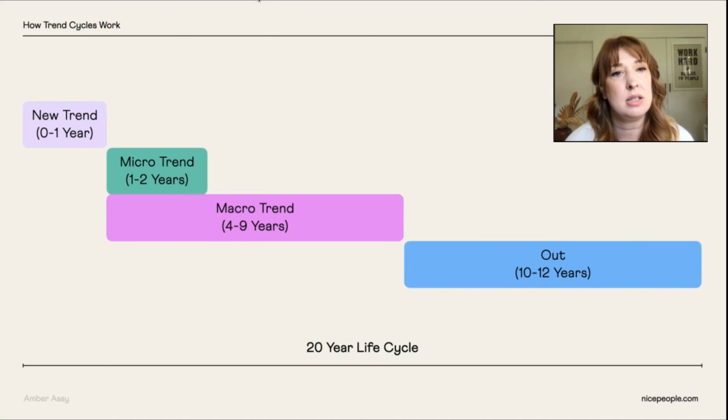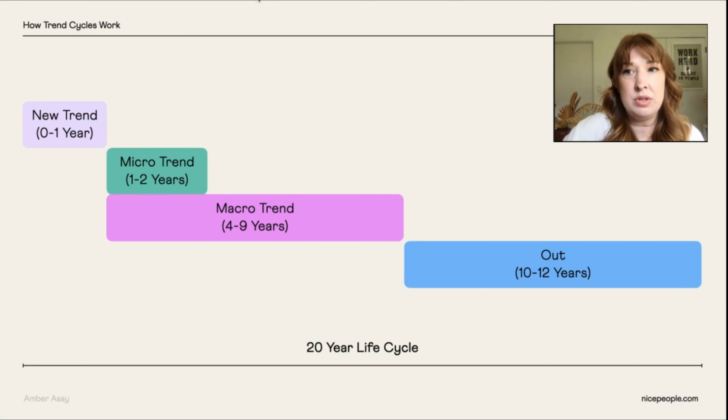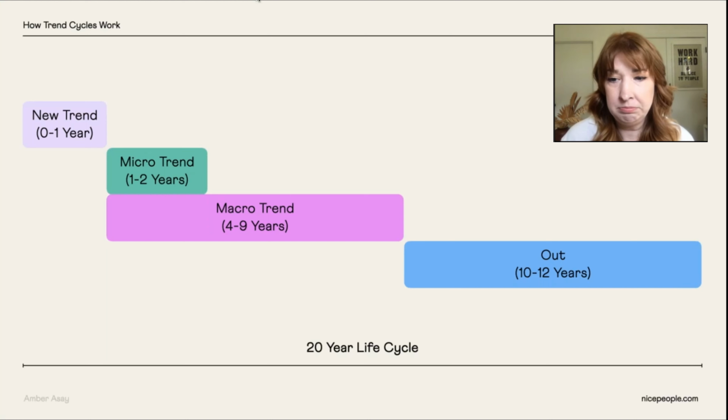And the micro trend is probably going to last, like we were seeing on the previous slide, 3 to 5 years or maybe 1 to 2 years, and then the macro trend going on up to 10 years. And then those trends become outdated and are out for probably about 10 to 12 years before that 20-year span starts over again.